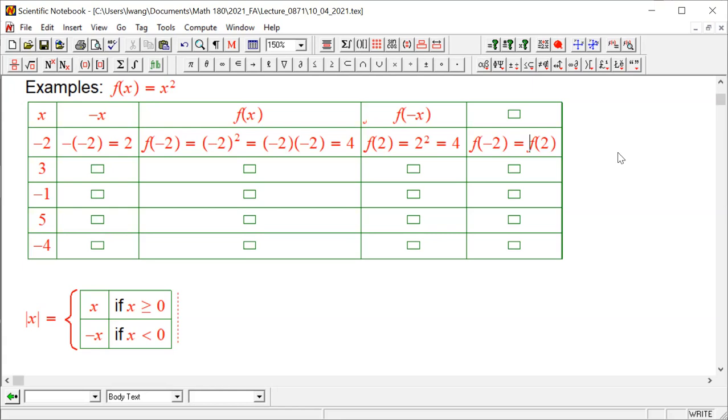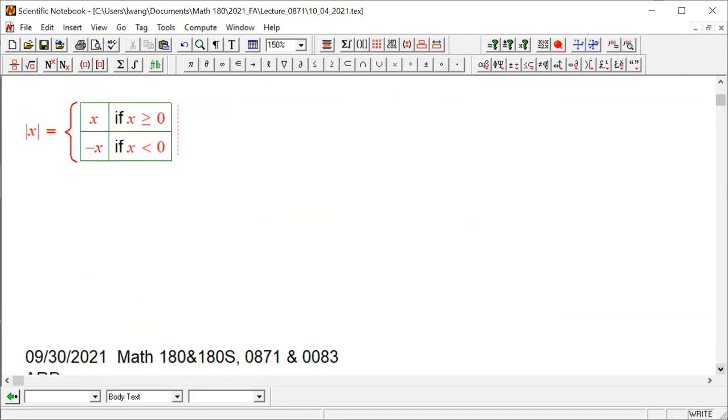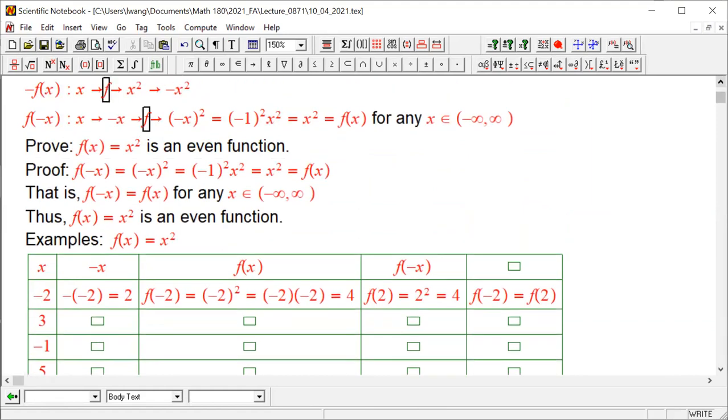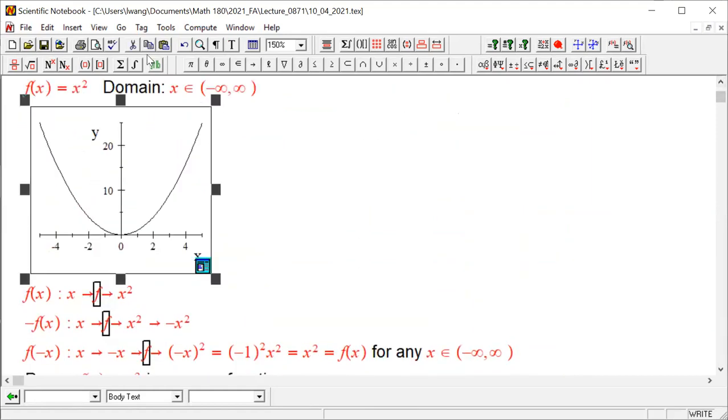Okay, now, this process we just did, if we take this process into the picture, what does that mean? We just graphed that curve, didn't we? Where's my curve? Right here.